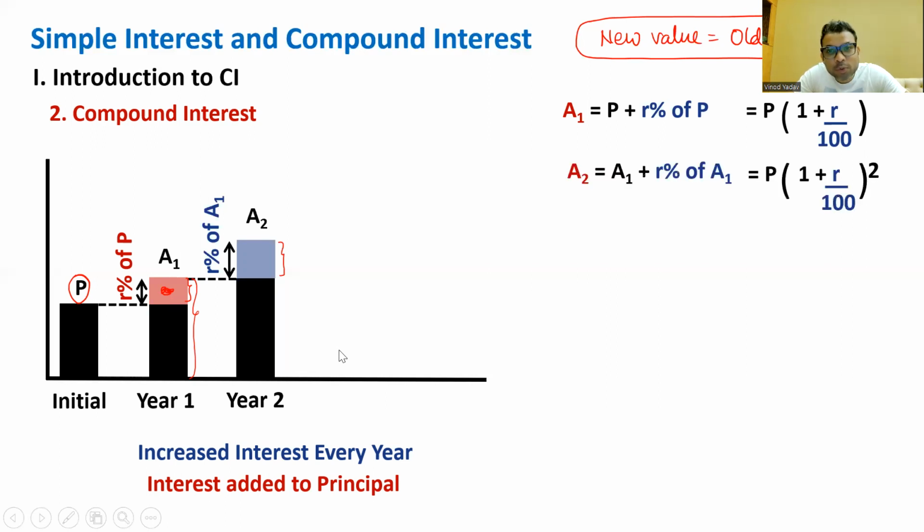So A2 is equal to A1 plus R% of A1. If you take common and simplify, ultimately you'll get this. In short, this number got multiplied by 1 plus R by 100, so it became 1 plus R by 100 the whole square.